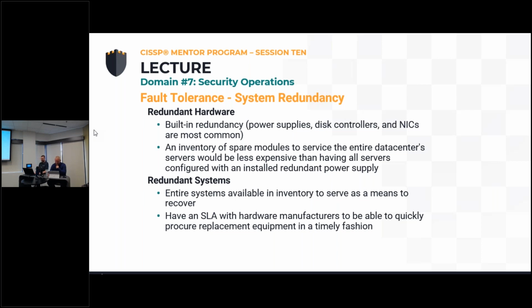All right, so we finished that one? Yeah, redundant systems. Pretty self-explanatory. Usually you don't put redundant systems in place until you justify them with a business impact analysis or some kind of thing, which we'll get to in a little bit with disaster recovery planning. Let the business tell us how important these systems are.